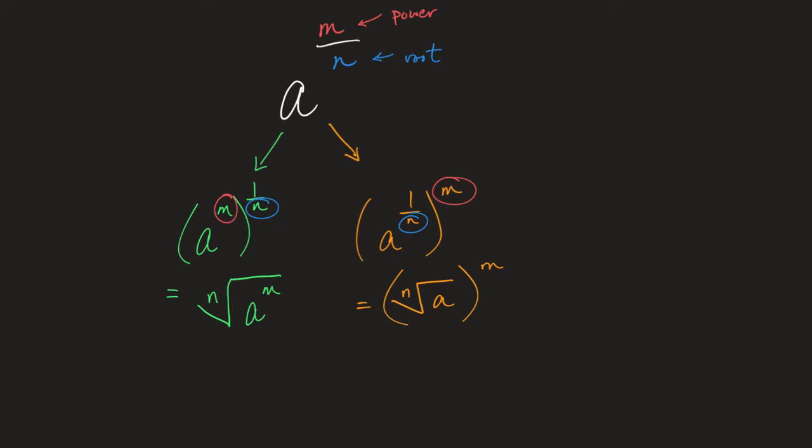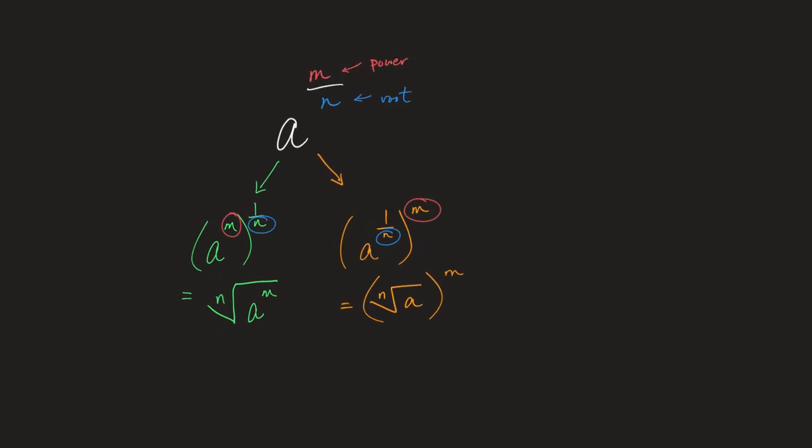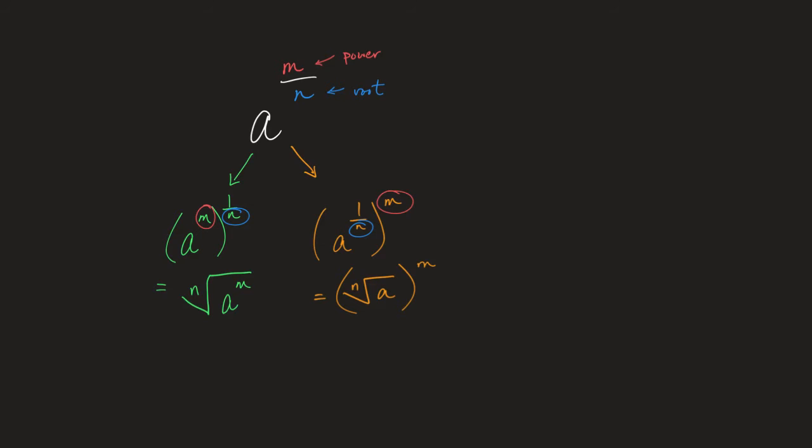Now, you may take a look at that and go, but I don't really see what the point is. Like, I understand that I could view it both ways, but why are you spending so much time on this? I'm going to shrink this down to make sure that we're good. So what I want to do is throw up one more example.